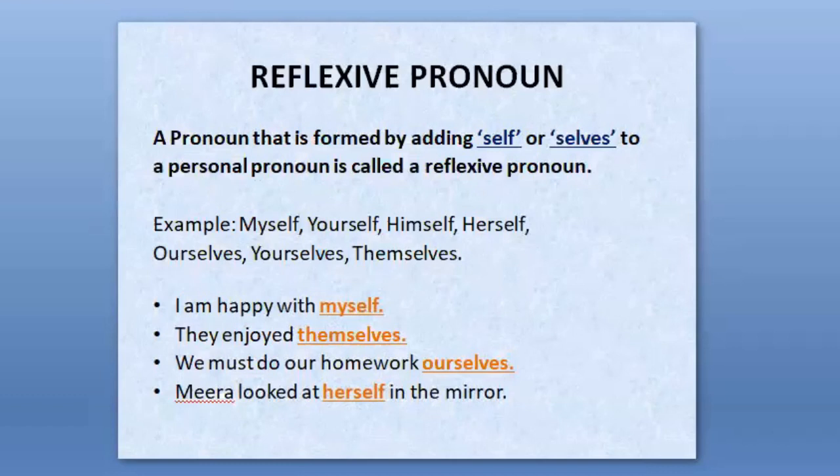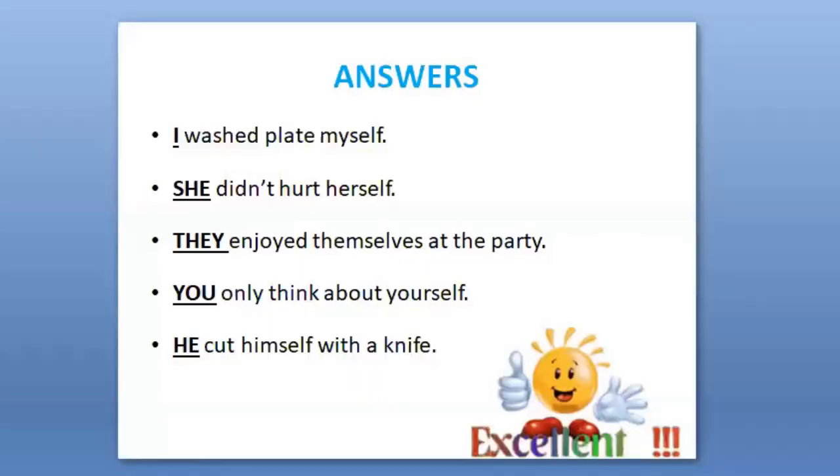So children, now it's an evaluation time. Now let's see how much you have understood by solving a few examples. Now here, dash washed the plate myself. Children, here I have already given you all the answers. So see how you have to do the worksheets. Dash washed the plate myself. So myself is there, so you will use the pronoun I. Dash didn't hurt herself.